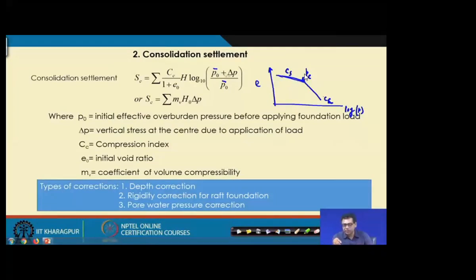If this total value is greater than Pc, then you have to use Cc. Another option is that P0 bar is less than Pc, but P0 bar plus delta P is greater than Pc. Then you have to use the third equation that I have given in that lecture.